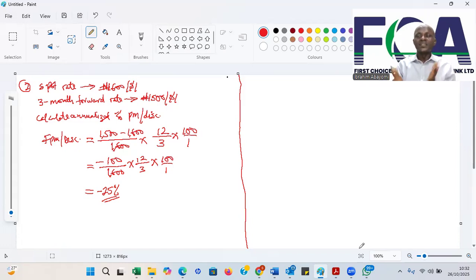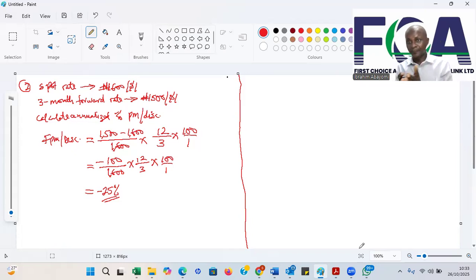So you can see that the rate of appreciation is different from the rate of depreciation, even though we use similar figures. In the premium case, spot rate 1,500, forward rate 1,600, and our premium is 26.67%. But look at this, I just reversed it: spot rate 1,600, forward rate 1,500, and it came out to a 25% discount.